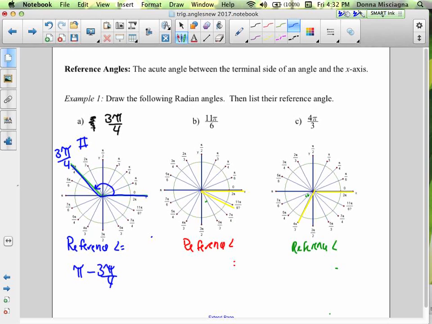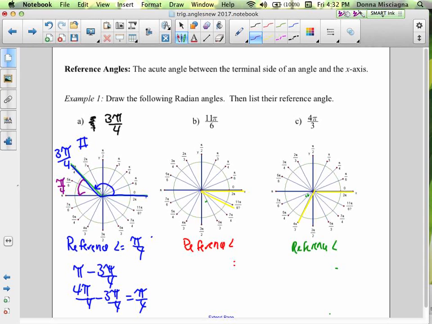I decided to write it backwards. So pi is the same as 4 pi fourths. So our reference angle is pi fourths. There it is. So it's this angle right here. And that is our reference angle, pi fourths, which is easy to work with.